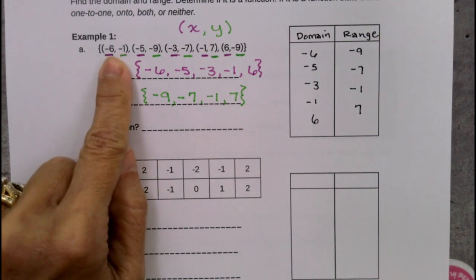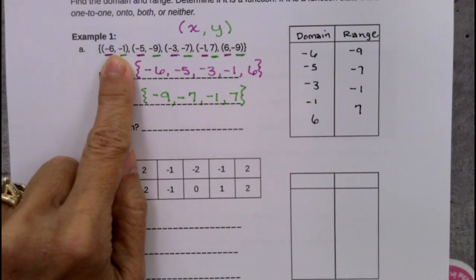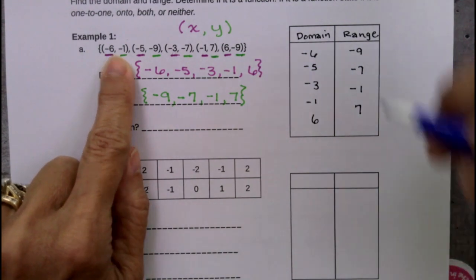If we look at that first ordered pair, -6 should map to what? -1.